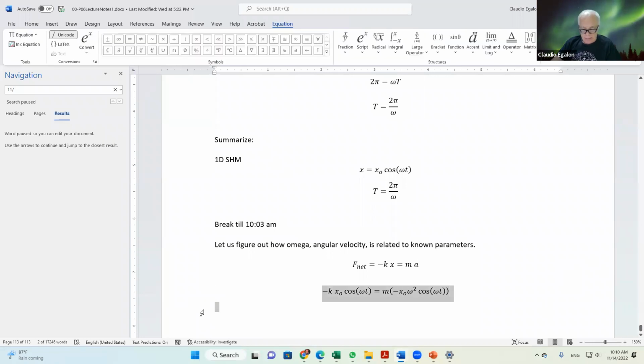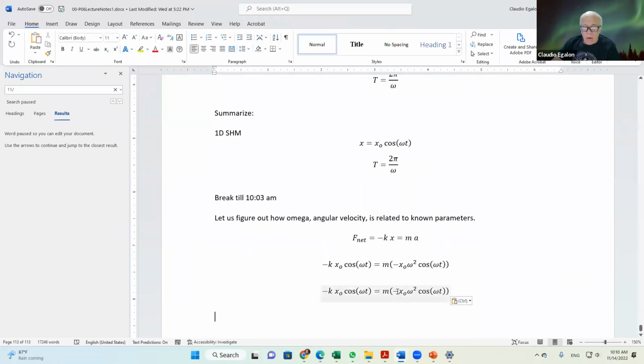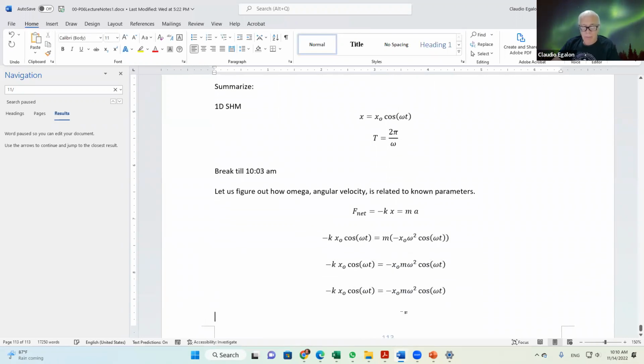So you know that this expression in between parentheses is the acceleration, right? And then it's just a matter of rearranging the equation to find out the relationship between omega and the other parameters that we have. Okay, so here goes. The negatives cancel. X naught cancels with x naught. Cosine of omega t cancels cosine of omega t. And look what we get.